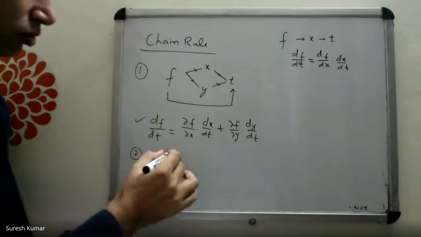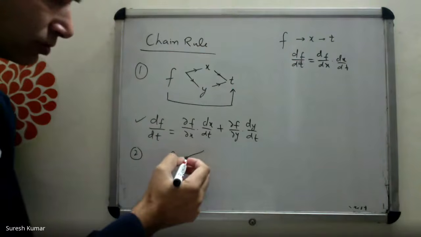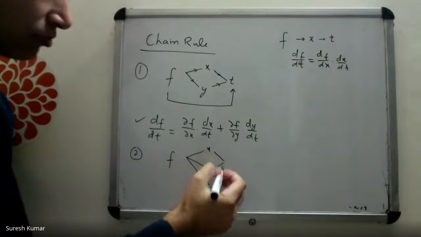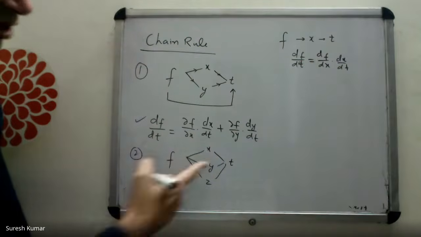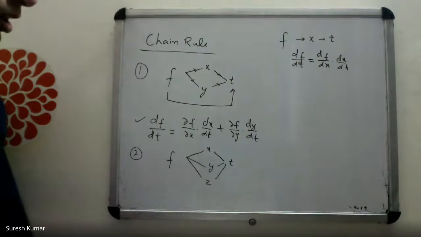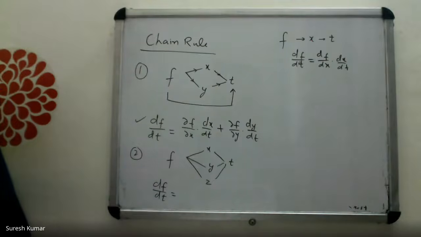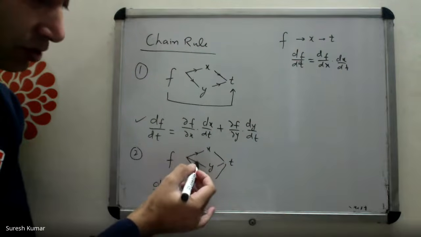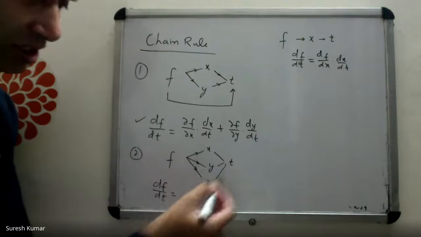Similarly, you can write chain rule for this kind of situation. Suppose f is a function of x, y, z, and x, y, z are further functions of t. Of course, f is a differentiable function of x, y, z, and x, y, z are differentiable functions of t. Then, how can you write df over dt? Think over it. This time there are three possible paths from f to t: f to x, x to t, f to y, y to t, f to z, z to t.